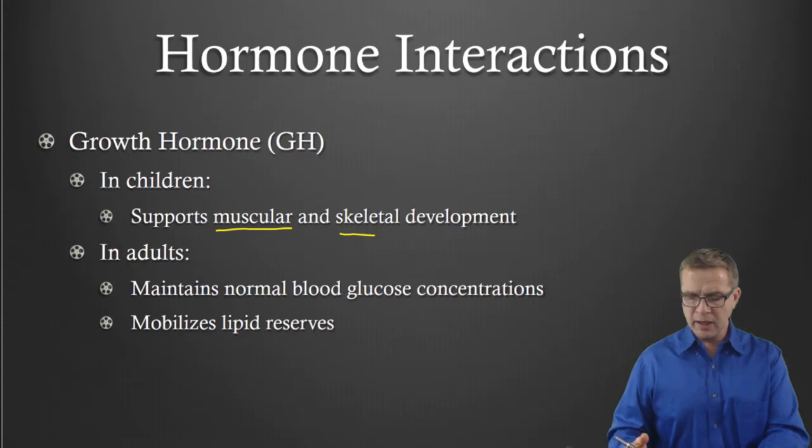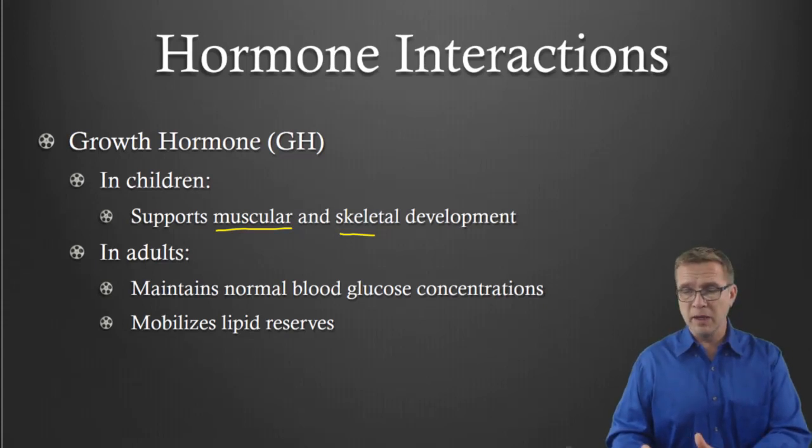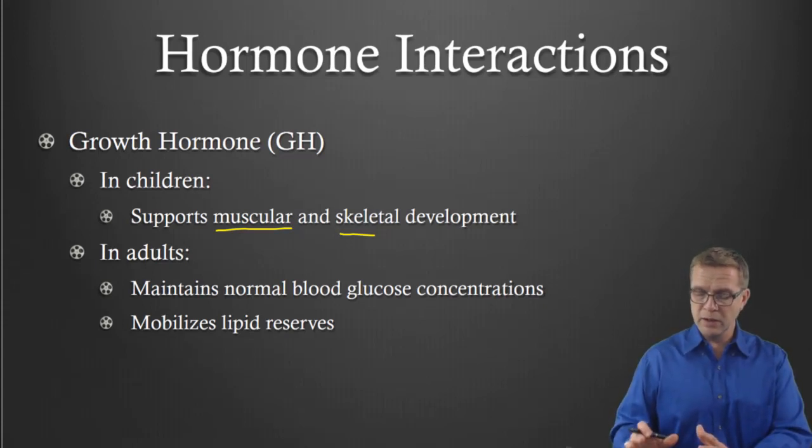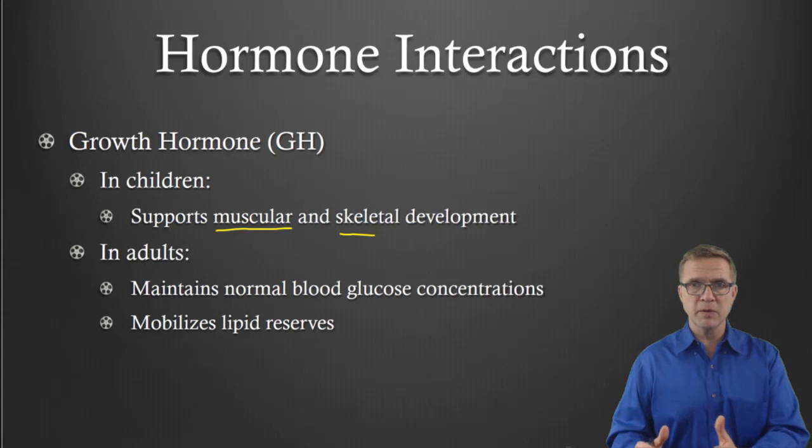In addition to that, it's going to help maintain normal blood glucose concentration. So it's going to work with other hormones, such as insulin and glucagon. And we'll find out also epinephrine and other things, all that are going to help regulate blood glucose very, very tightly. And it's also going to mobilize lipid reserves.